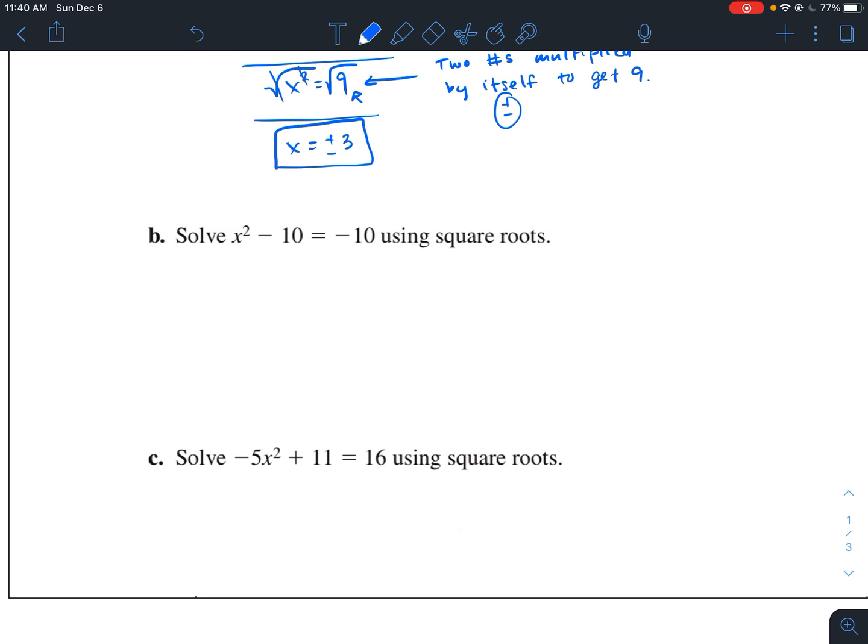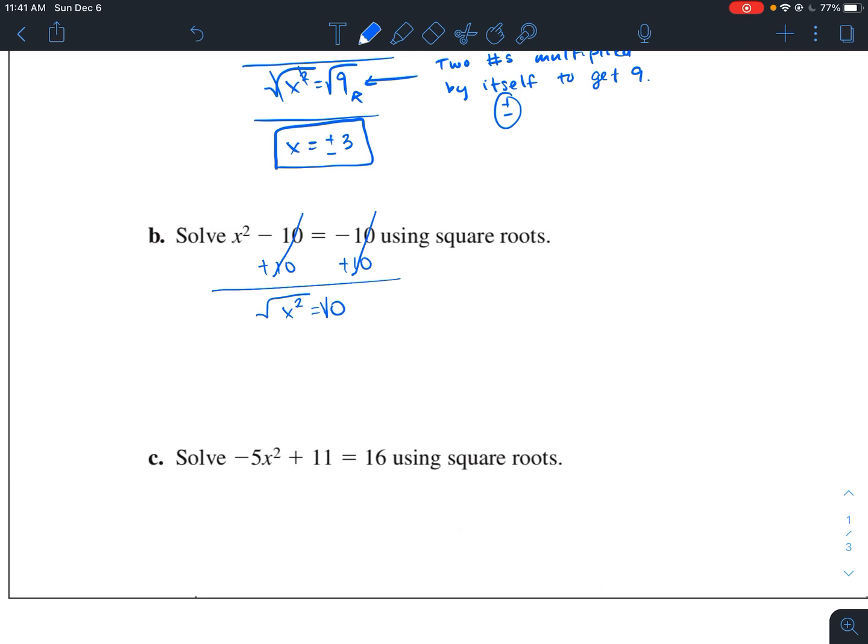Okay, so just algebraically, let's see if we can solve this. So I need to get x by itself. So let's add 10 to get rid of the 10. But what I do to one side, I have to do to the other. So negative 10, positive 10, those cancel. Negative 10, positive 10, those cancel. So I get x squared is equal to 0. X is still not by itself, so in order to get rid of an exponent, I perform a radical.